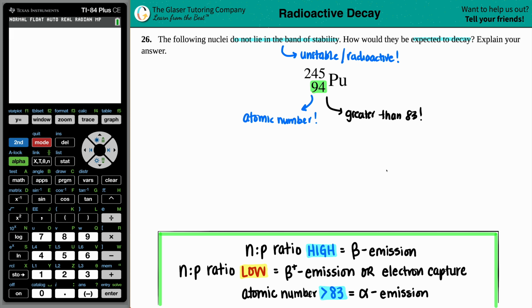So just because I spotted that, I know that plutonium, which is Pu, is going to undergo alpha emission. So we don't even have to find any N to P ratios here because it's just a massive nuclide. And that's it. Explain your answer: it just has an atomic number greater than 83.